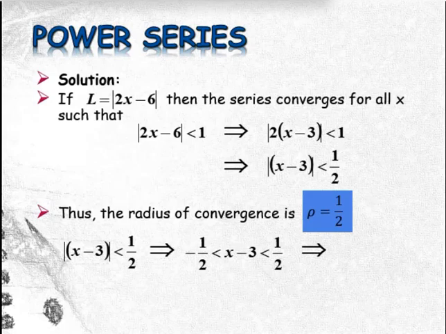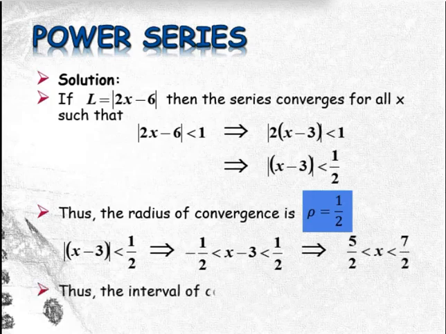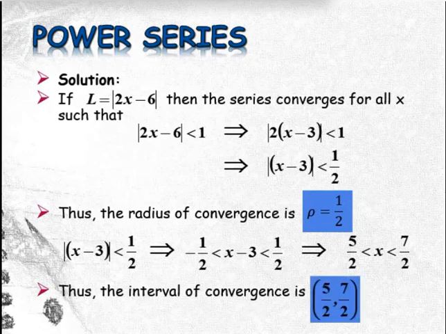We then transpose negative 3 to the left and to the right. So that is negative 1 half plus 3 is 5 halves, while 1 half plus 3 is 7 halves. So we now conclude that the interval of convergence is the open interval 5 halves to 7 halves.